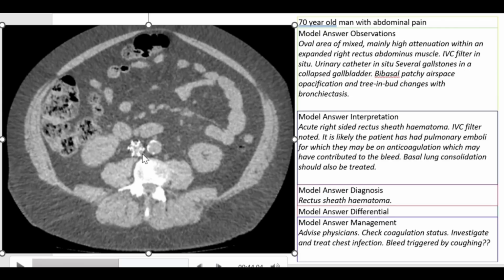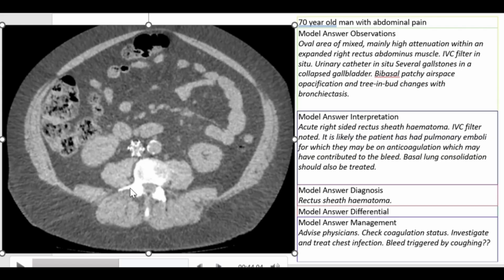And along with this device, the patient is most likely on another prophylactic therapy, which is anticoagulant therapy, to prevent future formation of DVT and pulmonary embolism.